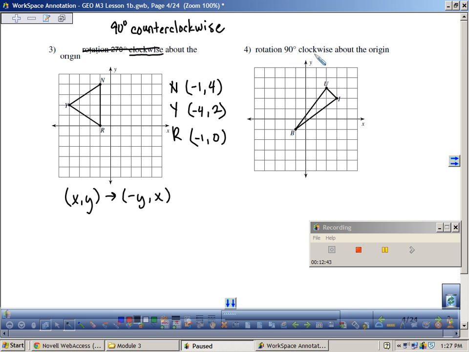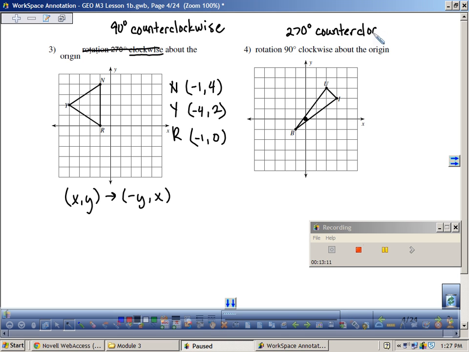All right, rotating this 90 degrees clockwise about the origin. Okay, so a rotation of 90 degrees would mean that I've got to go what? Down. What's 90 clockwise? 270 counterclockwise.